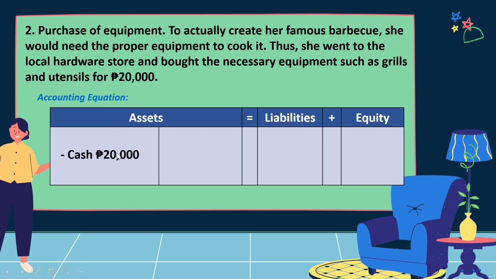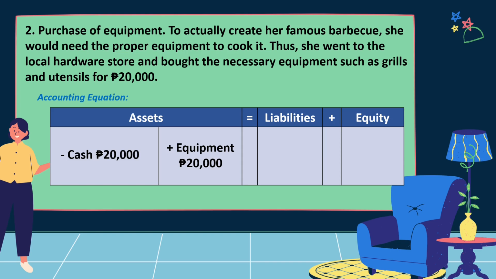And next, we have also another asset which is the equipment, 20,000. Okay, so bakit positive ang sign? Kasi yan yung first equipment na binili niya, kaya nadagdagan ang asset niya which is the equipment worth 20,000.